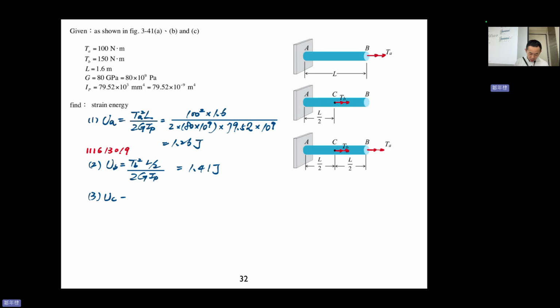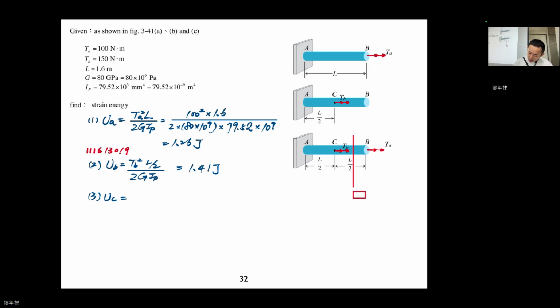Let's take a look. Because there are two sections, we need to cut, and we leave the right hand side. Of course, you can also leave the left hand side.